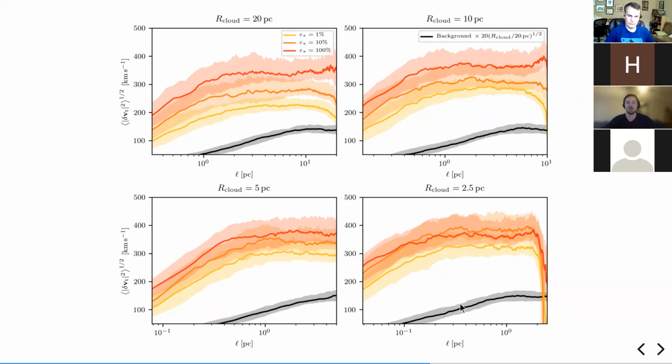All of the parameters are chosen to represent a 10^5 solar mass gas cloud at those scales. Each of the star particles is put in by hand at the center with a star cluster mass of either 1% of the cloud mass, 10%, or 100%. So even though the luminosity of the cloud is varying by an order of magnitude between these simulations, the velocity scale is maybe varying within a factor of 2, if even. That's interesting to note.